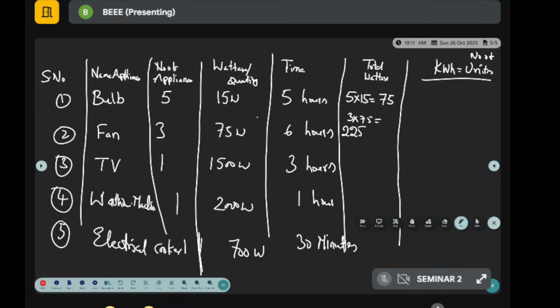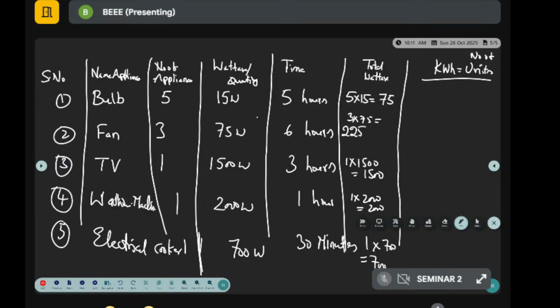Here 1 into 1500, that is 1500. And here 1 into 2000, 2000. Here 1 into 700, 700. So you have to calculate first the total wattage.